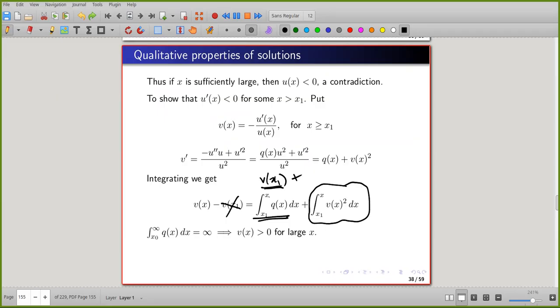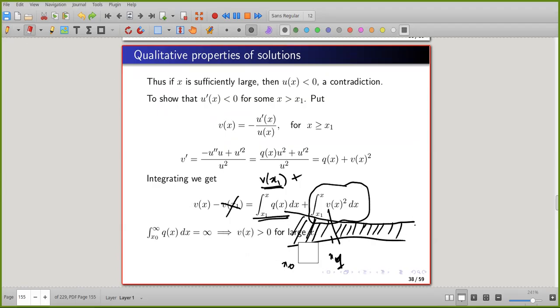The integral from x naught to infinity of q of x is infinite. Whatever the integral from x naught to x1 is going to be a finite number, so it forces the integral from x1 onwards to also be infinite.